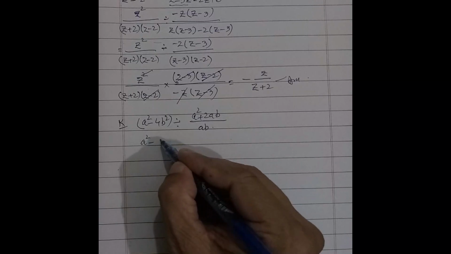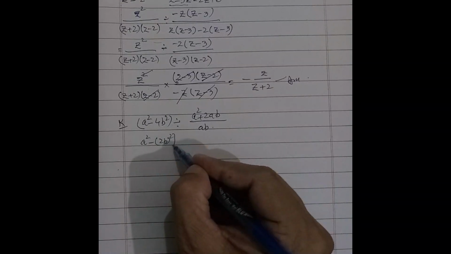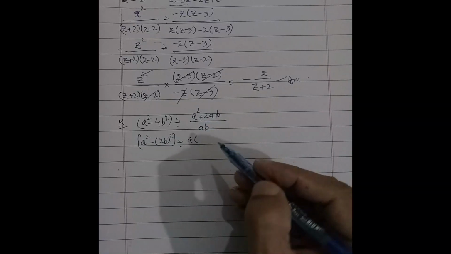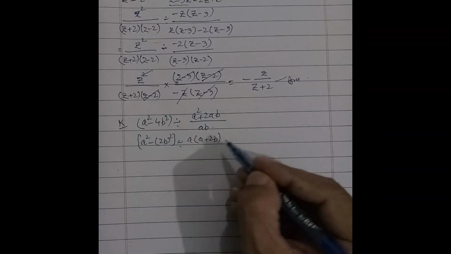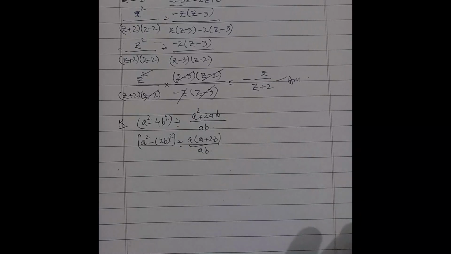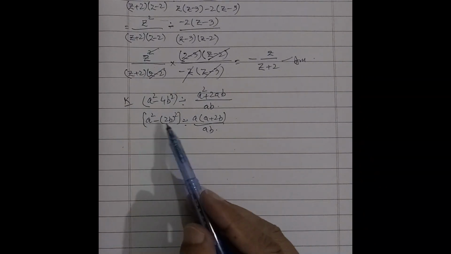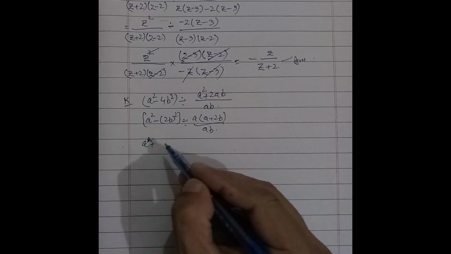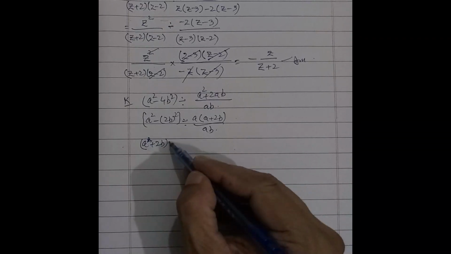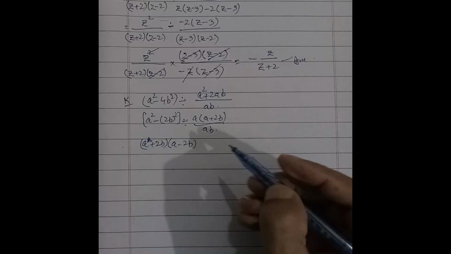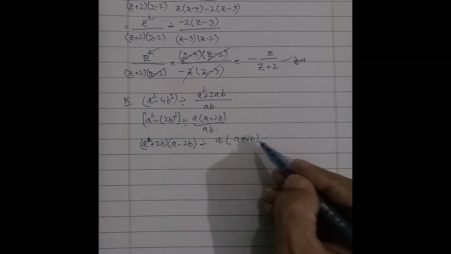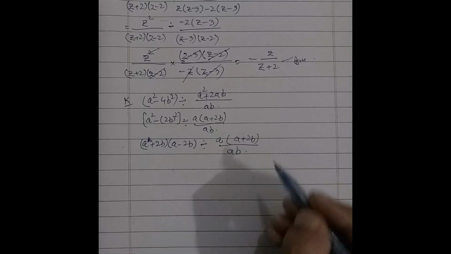It is a square minus 2b whole square divided by take common a, and the remaining is a plus 2 over a. This is a square minus b square. Answer is a plus b into a minus b. It is a square. Sorry, it is a plus 2b, a minus 2b divided by a common, a plus 2b over a.